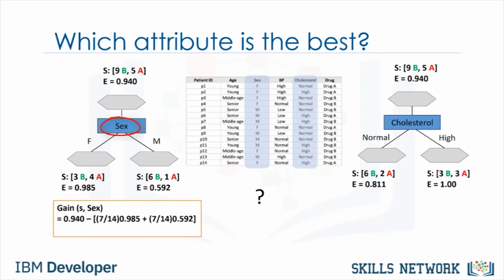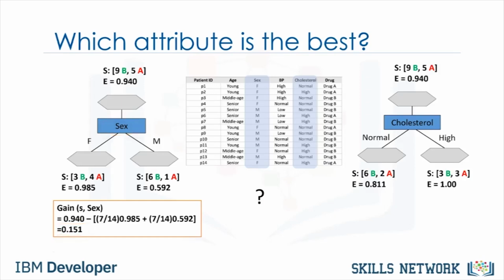Also, the portion of men is 7 out of 14, and the entropy of the male node is 0.592. The result of the square bracket here is the weighted entropy after the split. So, the information gain of the tree, if we use the sex attribute to split the dataset, is 0.151.